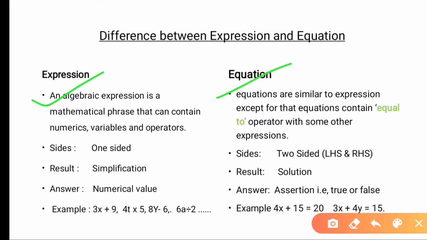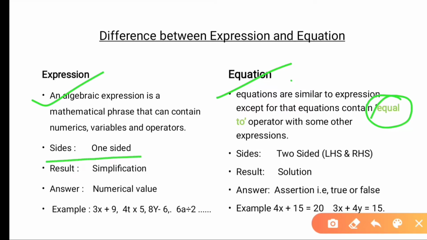An equation is also similar to an expression except that an equation contains an equal to operator with some other expression. In an expression, operators like plus, minus, divide and multiplication signs are there, whereas in an equation one operator is added, that is the equal to sign.